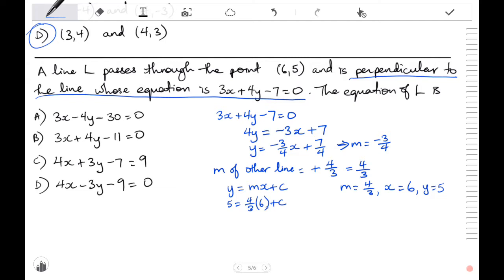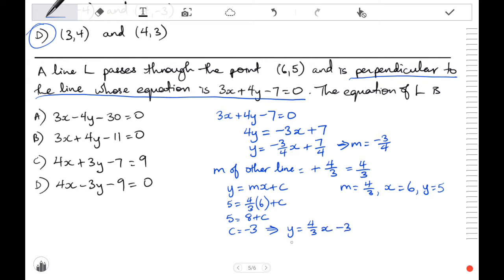3 into 3, 1; 3 into 6, 2; 4 times 2 is 8. So 5 is equal to 8 plus c. And so c is equal to negative 3. So the equation of the line is y equals m, which is 4 over 3, by x minus 3.